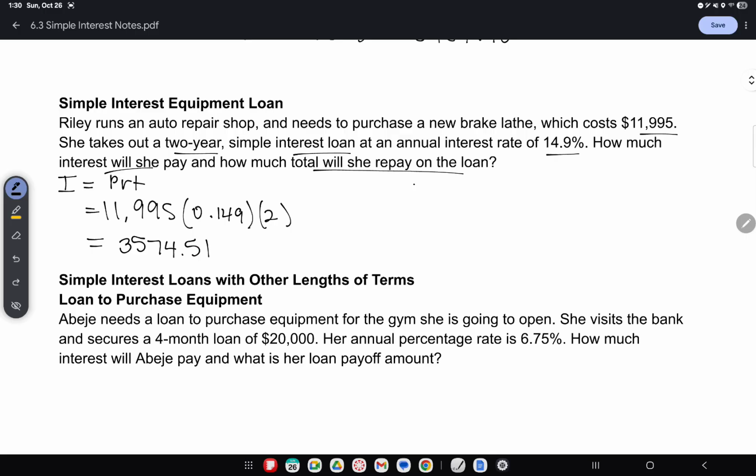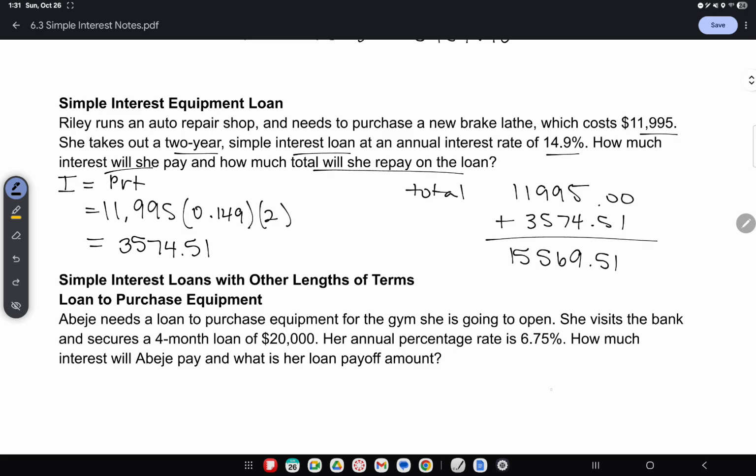And the total is the original loan amount, $11,995, plus the interest, $3,574.51. So we get a total of $15,569.51.